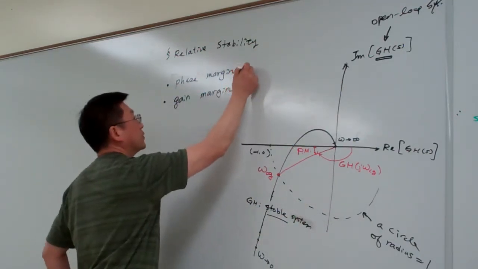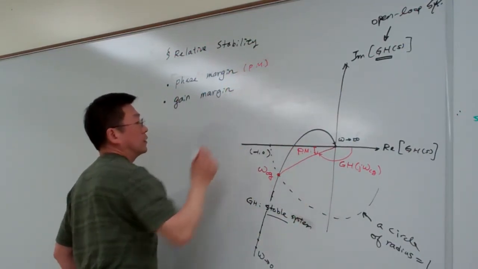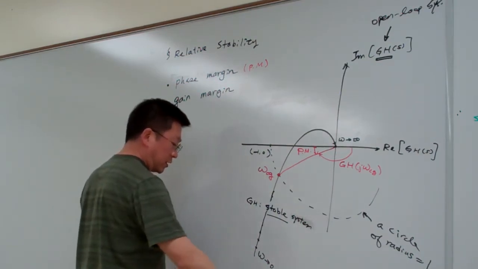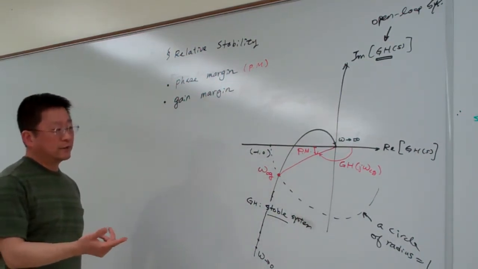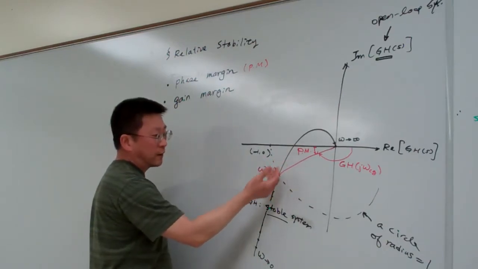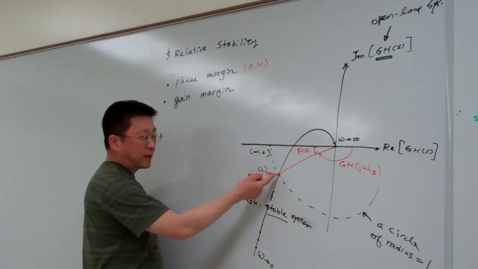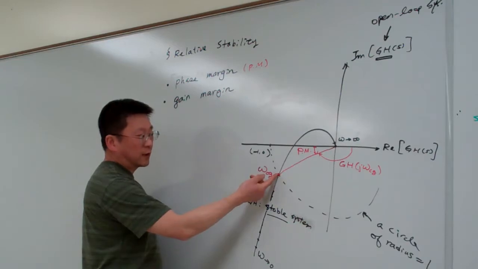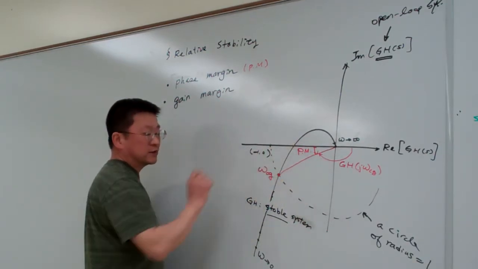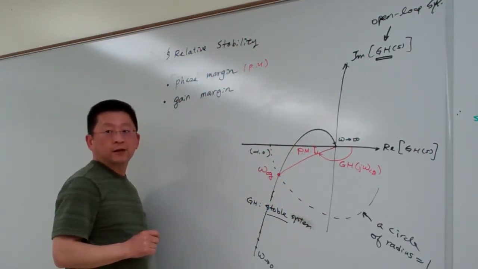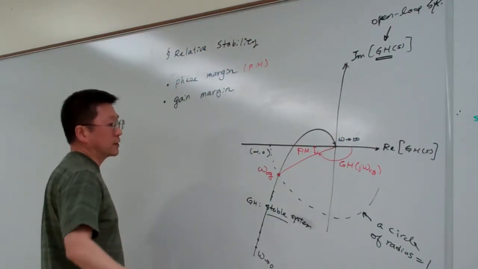Sometimes people use PM. From here you can graphically see that it is the angle measured from the intersection with the radius 1, and that is this angle here. The phase margin is defined by this.